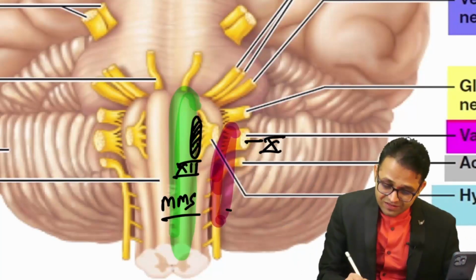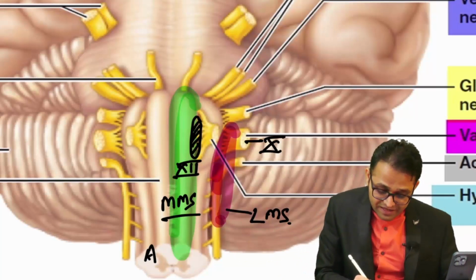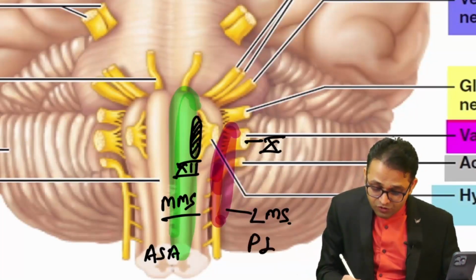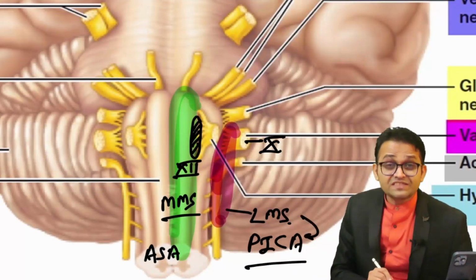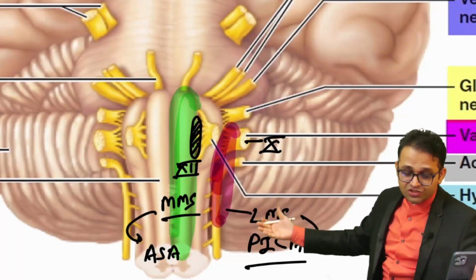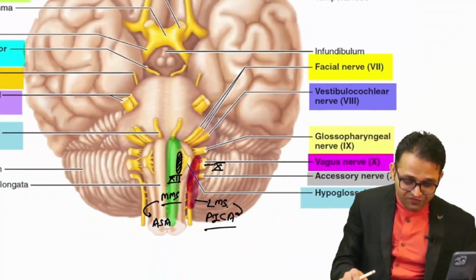So yes, this is our lateral medullary syndrome. The midline part of the medulla is supplied by the anterior spinal artery, while the lateral part of the medulla is supplied by the posterior inferior cerebellar artery. So lateral medullary syndrome is due to the posterior inferior cerebellar artery, while the medial medullary syndrome is due to the anterior spinal artery. Okay, so these are the different points which you can understand further.